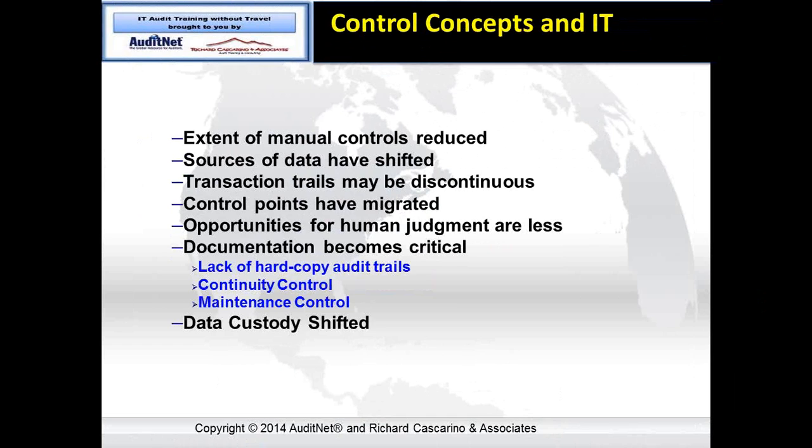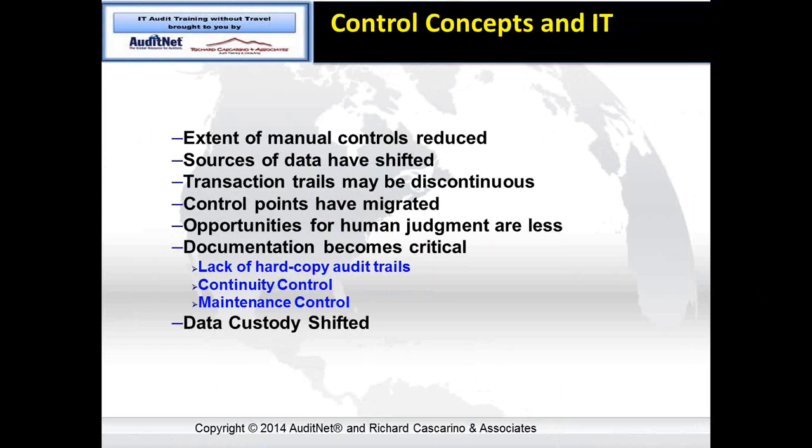Sources of data have shifted. Instead of coming in on pieces of paper which then get captured, they're coming in out of somebody's head into a terminal. There is no paper trail. Our transaction trails may be discontinuous. You can't look for signatures on the document.